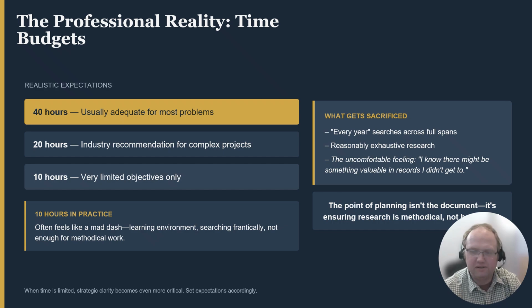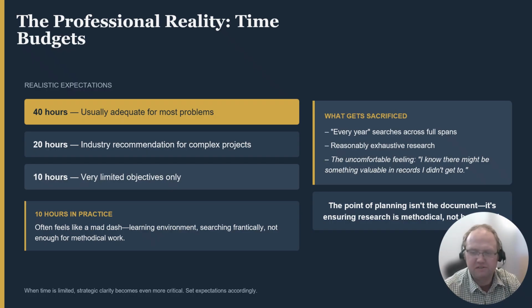What gets sacrificed? For example, in Swedish research, I don't get to do my every-year searches, checking every tax list across the lifespan of the person. I might only be looking at a smattering of years around major events. I often get left with the feeling that perhaps there might be something valuable in what I didn't get to look at.